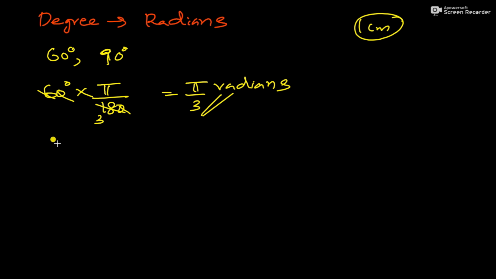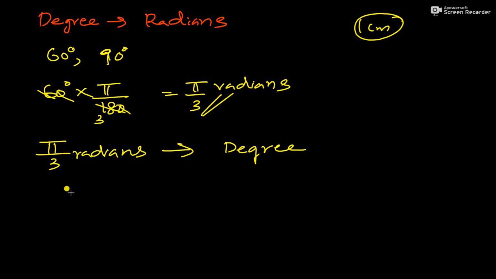And let's say we need to convert pi by 3 radians into degrees. Okay, just the opposite thing. So all you need to do is the same thing with the reciprocal. Okay, so pi by 3 radians into degrees.